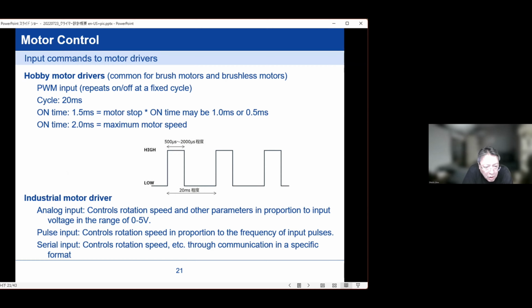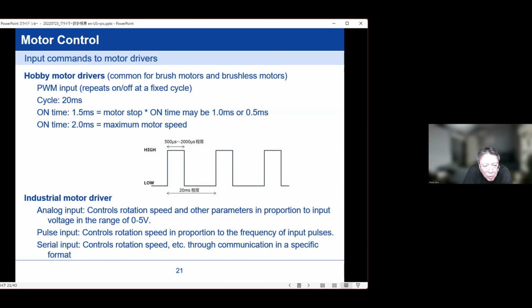This is a basic common pulse width modulation, and the period is set at 20 milliseconds. So if you set the signal time to 1.5 milliseconds, the motor will stop. If you set the signal to 2.0 milliseconds, the motor will rotate at its maximum speed, so it's a format signal.